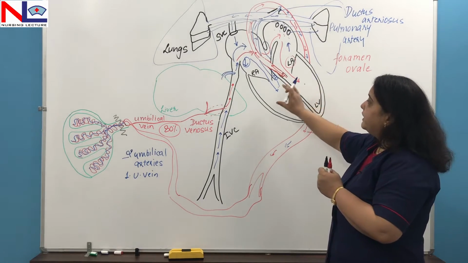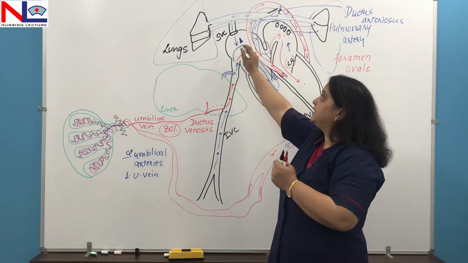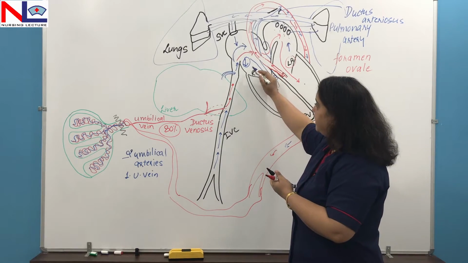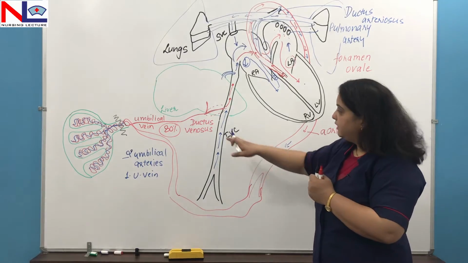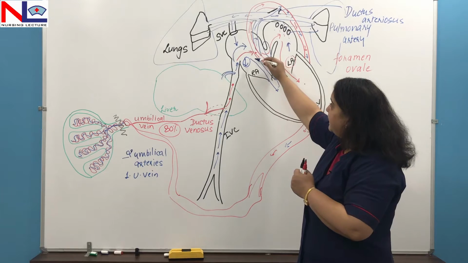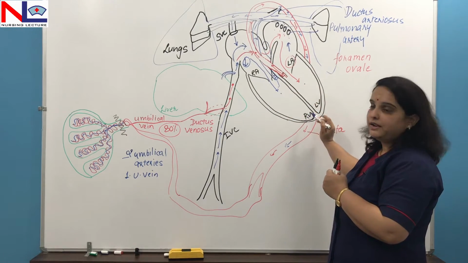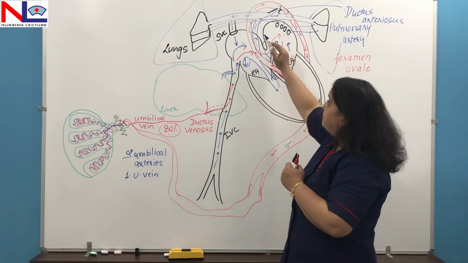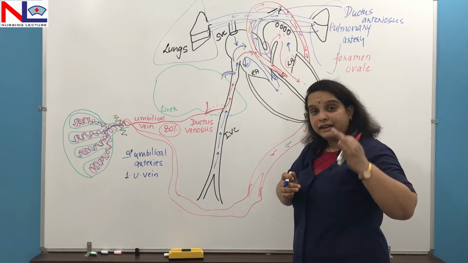Now what happened on the right side? The blood which is coming through the superior vena cava and the inferior vena cava both come into the right atrium, but here there is no additional blood through the umbilical vein, so the pressure decreases, and then this whole blood directly comes into the right ventricle, and from the right ventricle it enters the pulmonary artery, but now the resistance in this artery decreases.